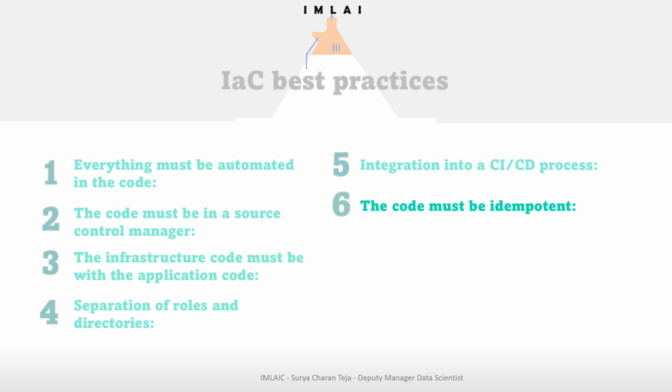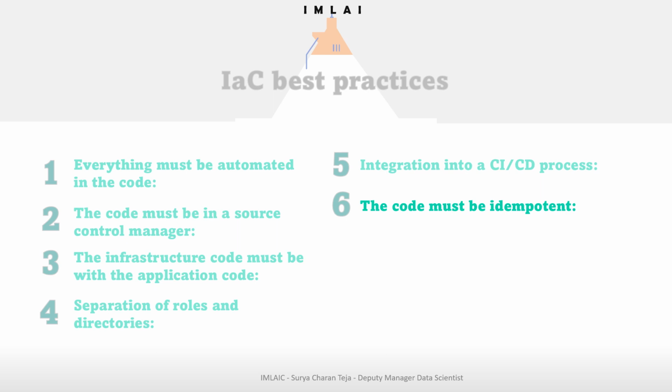Next, the code must be idempotent. The execution of the infrastructure code must be idempotent, that is, automatically executable at will. This means that scripts must take into account the state of the infrastructure when running and not generate an error if the resource to be created already exists, or if a resource to be deleted has already been deleted.